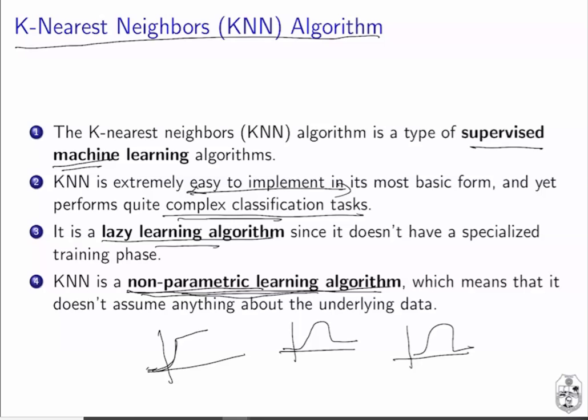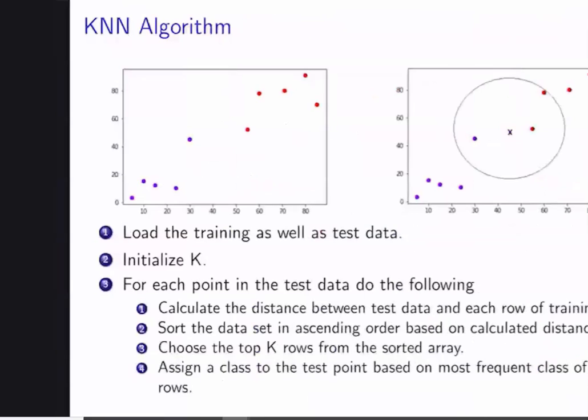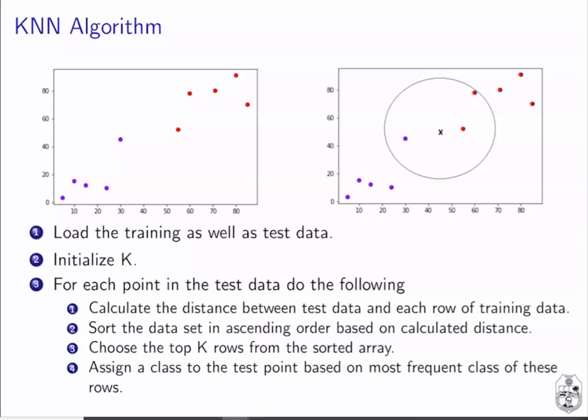This relaxation matters because many real life situations do not fit into such models, like the Gaussian distribution or the assumption that we make in logistic regression. In those cases, you can apply the k nearest algorithm, and this algorithm is very simple. Here k is any integer number, and you need to select this integer number.